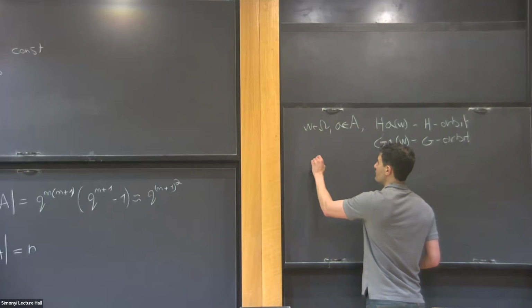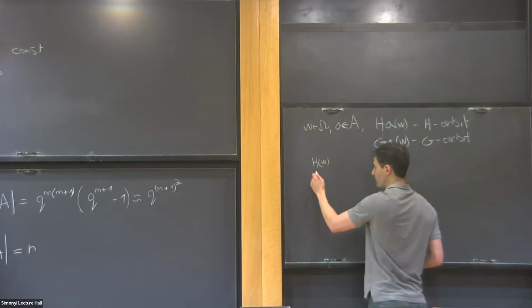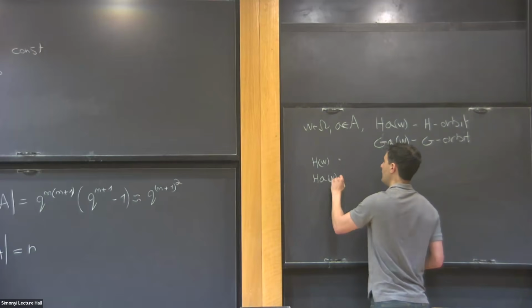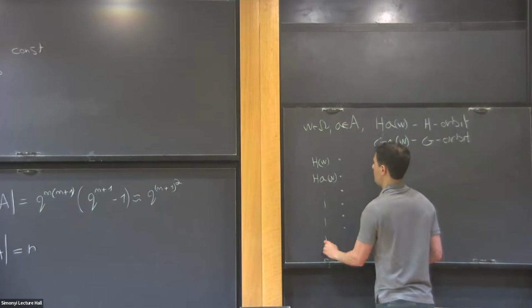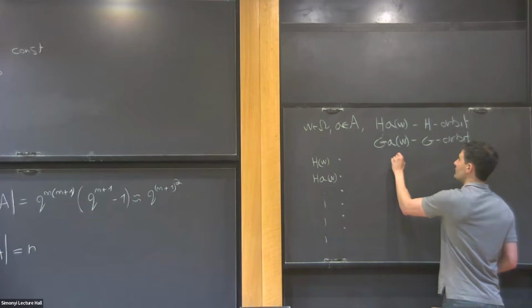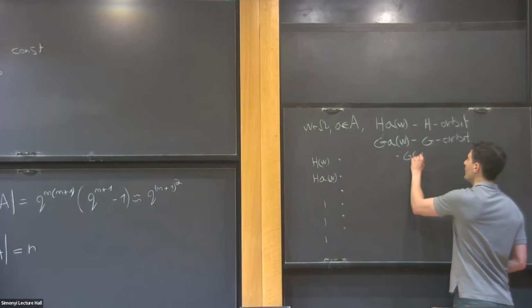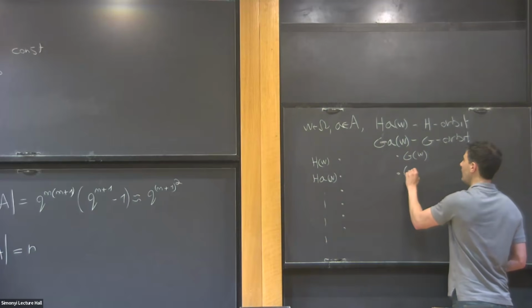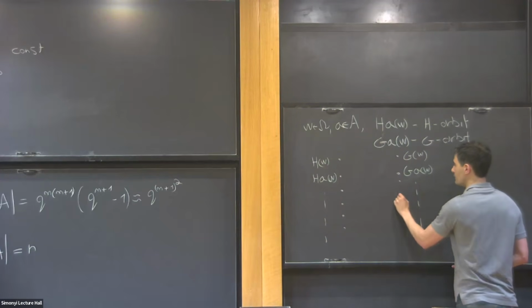So the left vertices are the orbits, the H orbits. H acting on omega, H of A acting on omega, and so on. These are the left vertices. And the right vertices are the G orbits. So G acting on omega, G of A acting on omega, and so on.